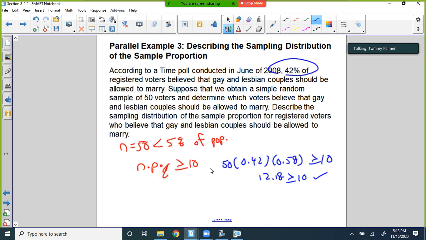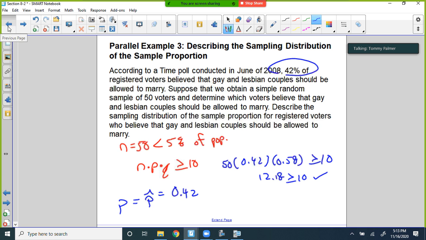Okay? Now, what is the mean? It's 0.42, right? The mean of p hat is equal to p, which is 0.42.